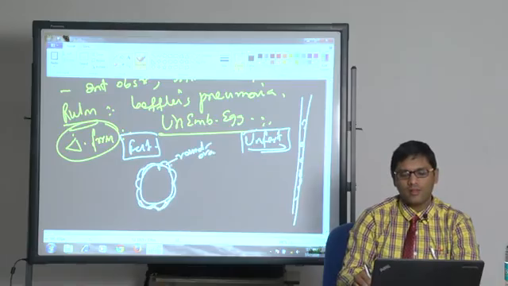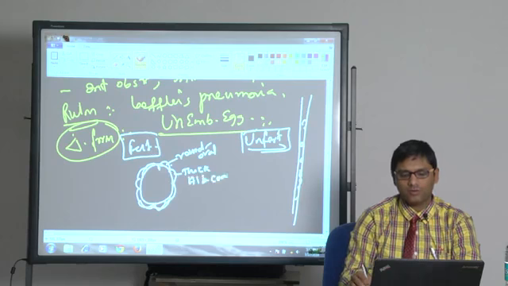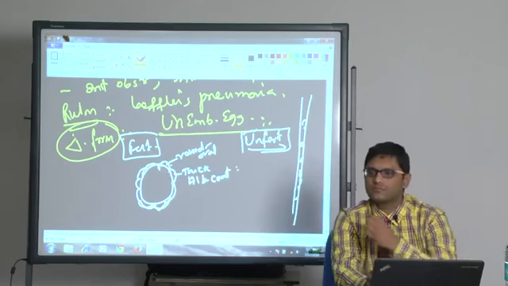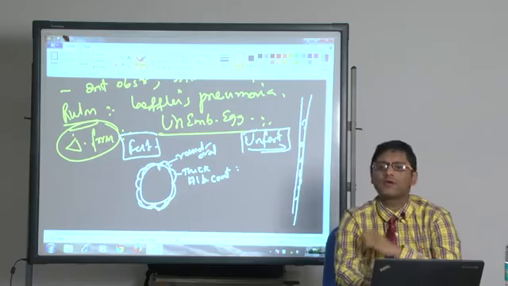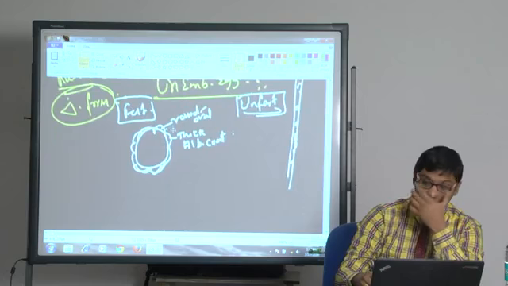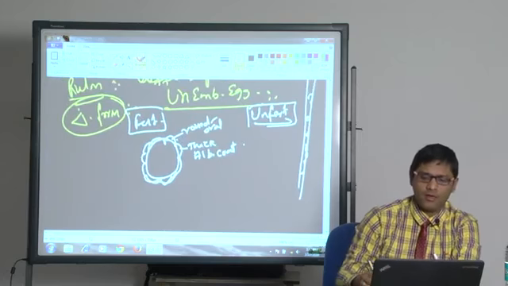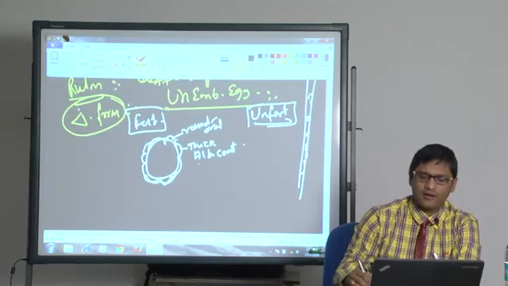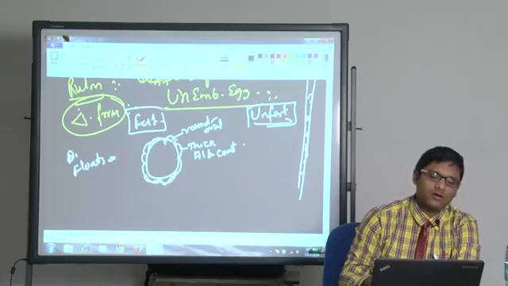Round to oval and thick albumin coat. And it floats on saturated salt solution.